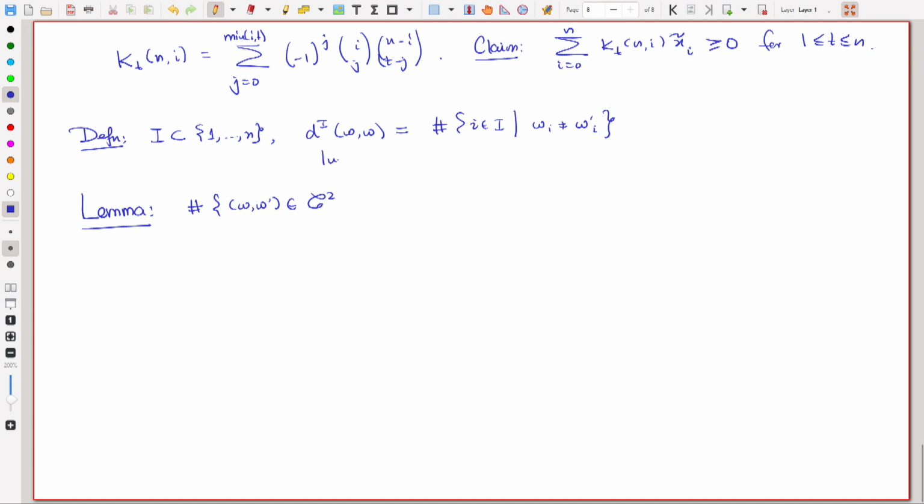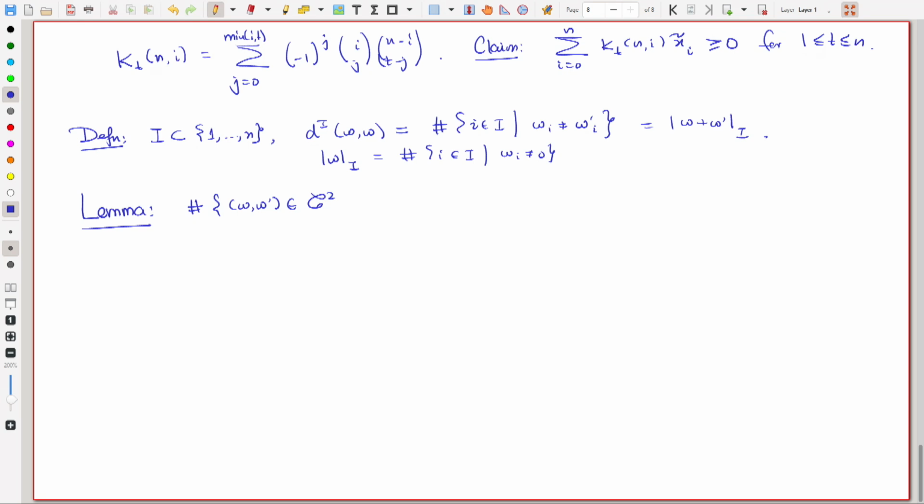I can also define the Hamming weight of w to be the number of i in I such that w_i is not equal to 0. So, of course, this is equal to Hamming weight of w plus w prime. Okay, so I am just generalizing this Hamming weight and Hamming distance, where I will ignore the bits that are not in the subset I.